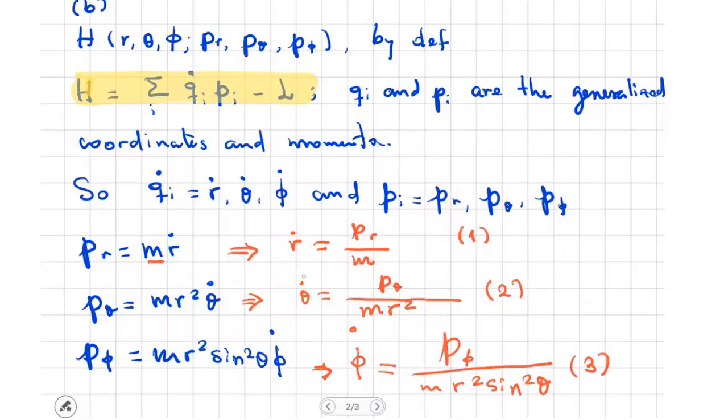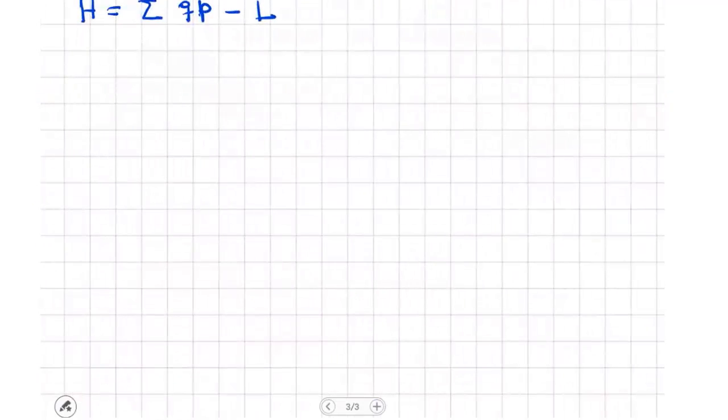The summation would be r dot p_r plus theta dot p_theta plus phi dot p_phi minus the Lagrangian.